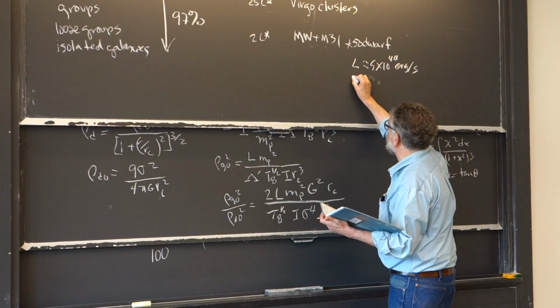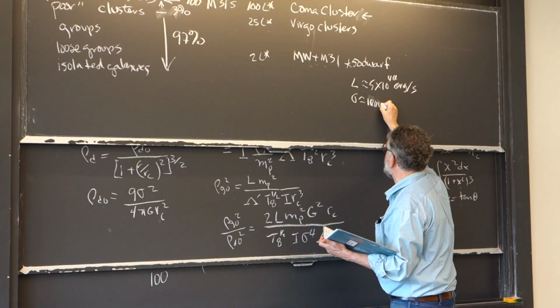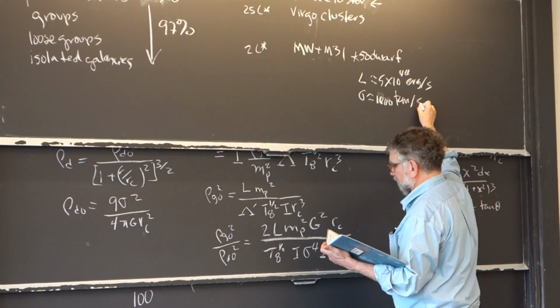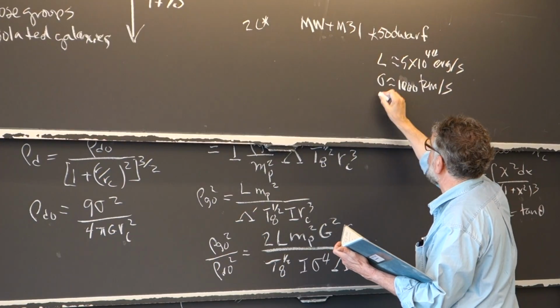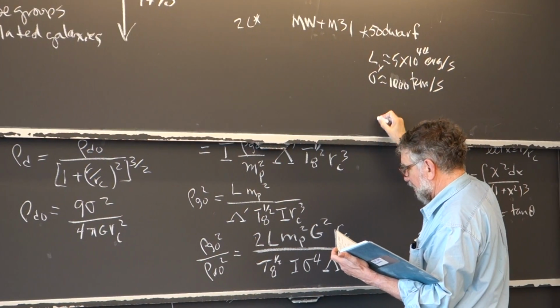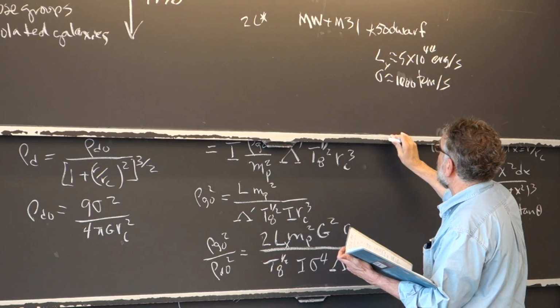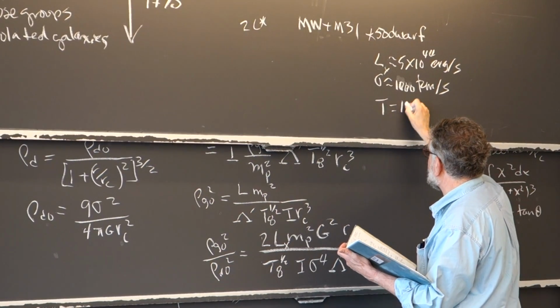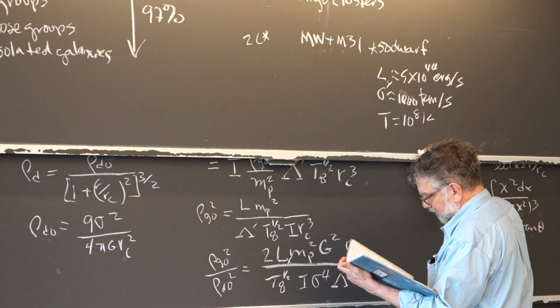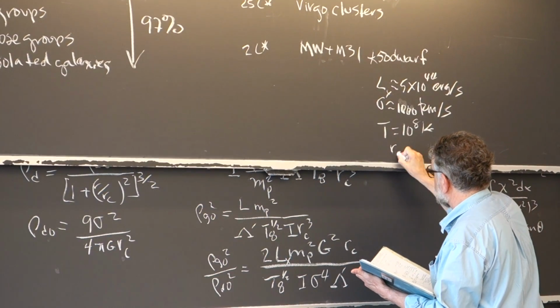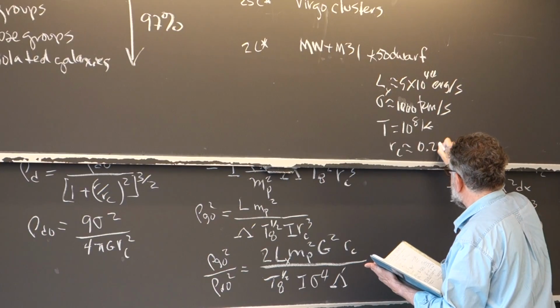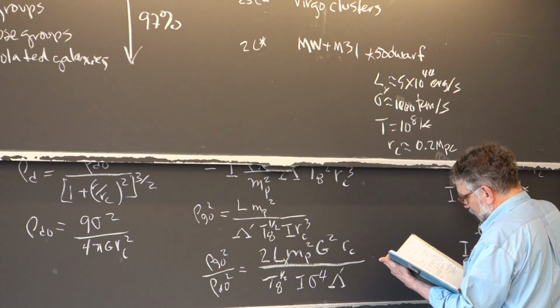The velocity dispersion will take to be 1,000 kilometers per second. I should write more clearly because this is being recorded for posterity. The temperature is the X-ray luminosity, X over here for X-ray. The temperature is 10 to the 8 Kelvin, give or take a few. Core radius on the order of 0.2 megaparsecs.